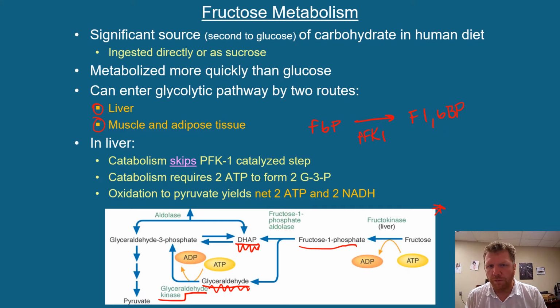So fructose 1-phosphate aldolase breaks that into our two molecules. Only one of them is phosphorylated, so we have to employ that other kinase. Now, our total oxidation of fructose to pyruvate does give us a net 2 ATP and 2 NADH, because we had to invest 1 ATP there and 1 ATP there.